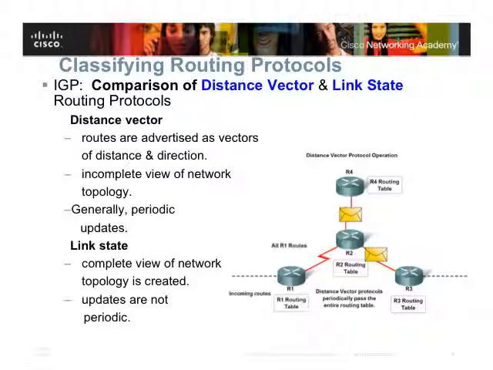So within the interior gateway protocols, we can further classify the routing protocols, as we said, into distance vector and link state. So what is the difference between distance vector routing protocols and link state routing protocols?